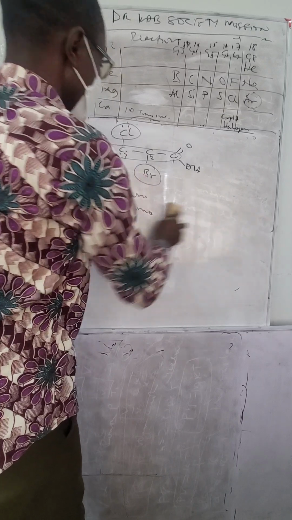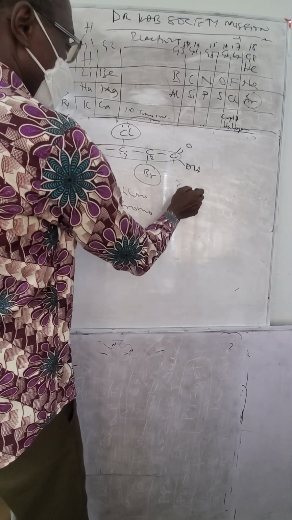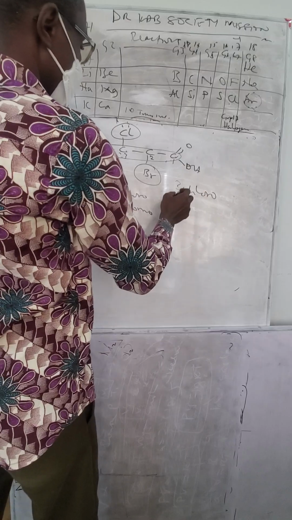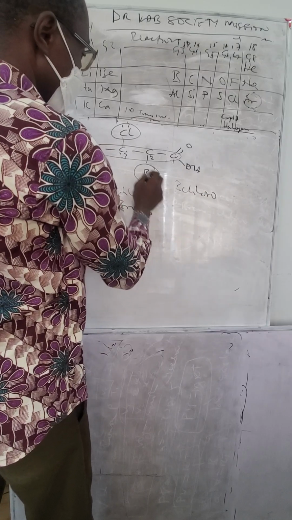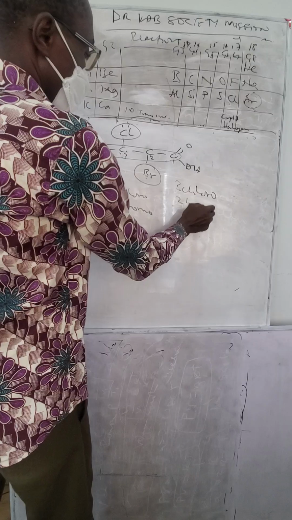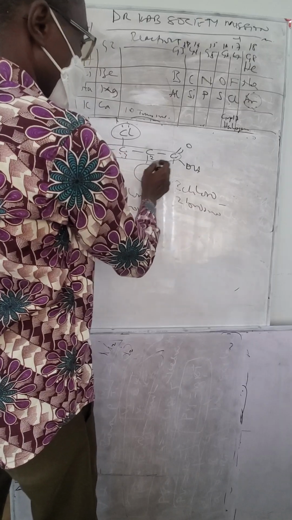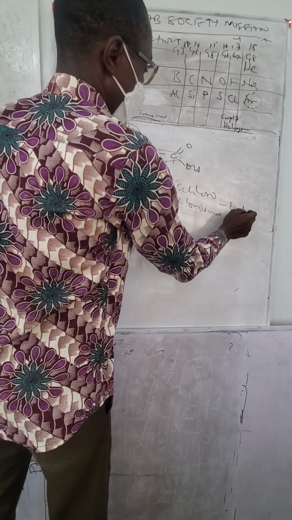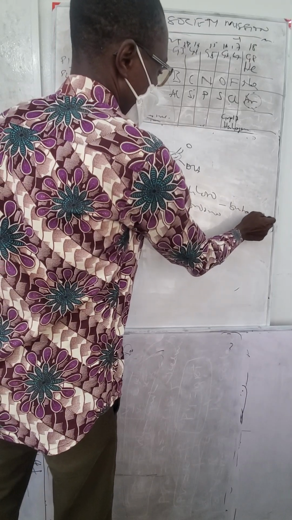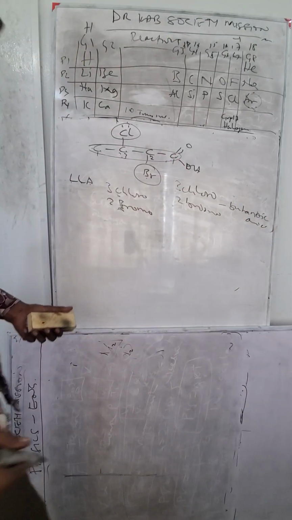Okay, right. So that is the name for this one. Butanoic acid. So this is what? We have 3-chloro, and then this one is 2, so 2-bromo, and then the parent name is what? Butanoic acid. Okay, right.